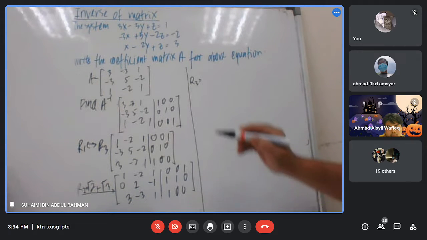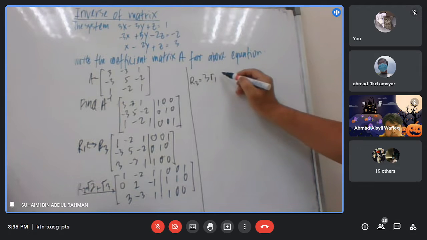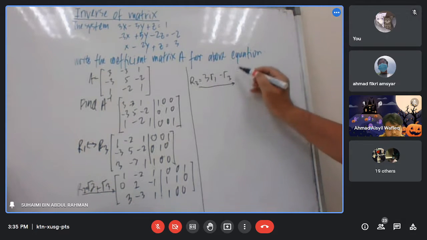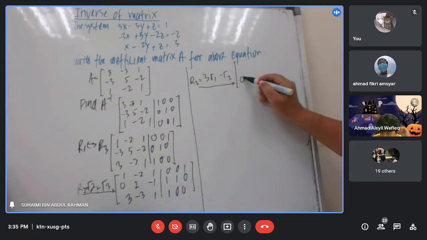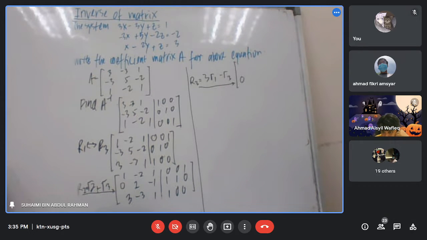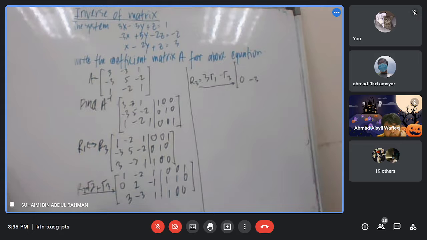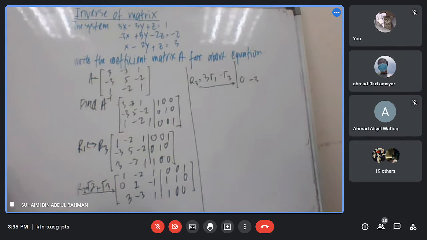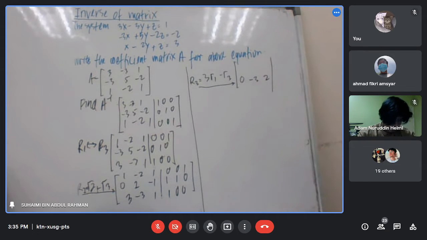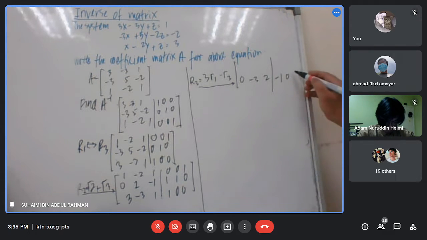Row number 3 is 3 row 1 minus row 3. 0, minus 6, minus 3, 2, minus 1, 0, 3. Correct.